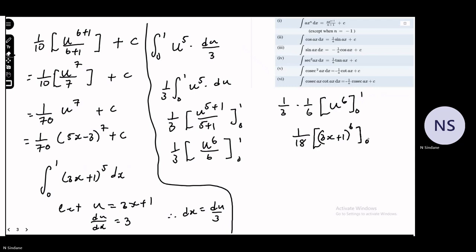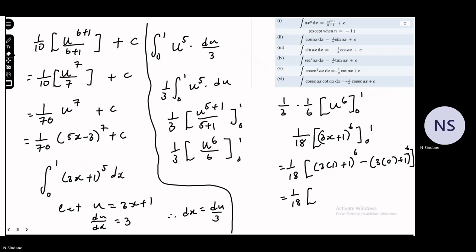And then we substitute: 1 over 18 times 3 times 1 plus 1 to the power 6 minus 3 times 0 plus 1 to the power 6.